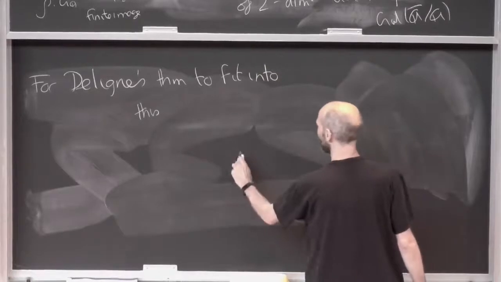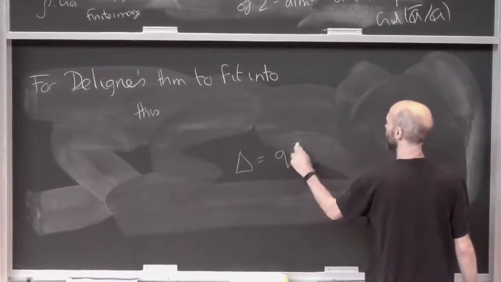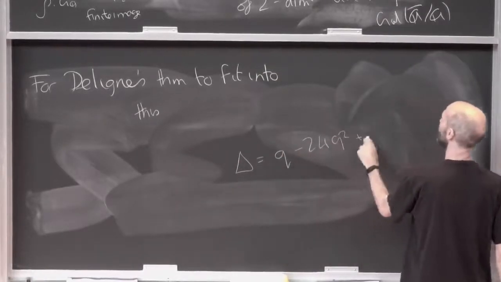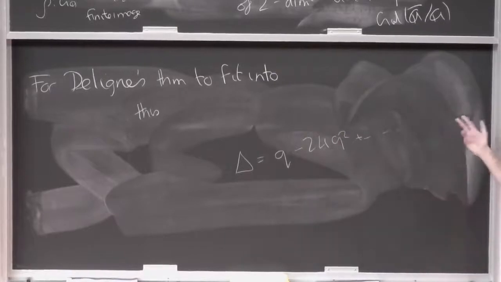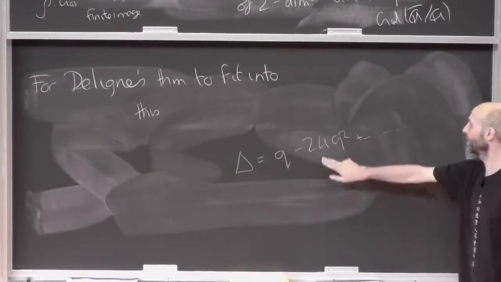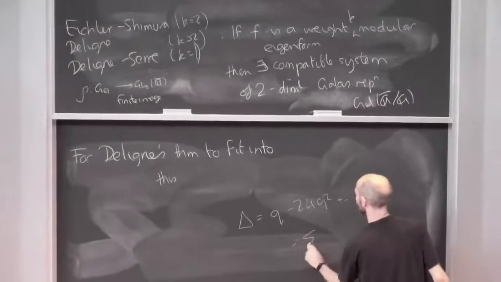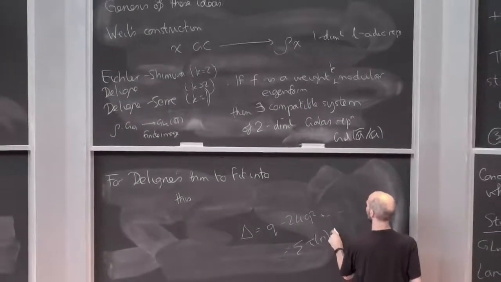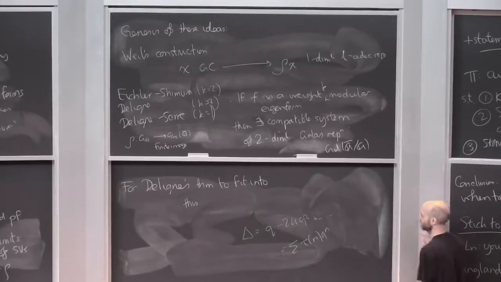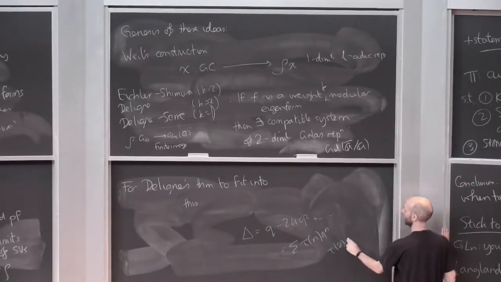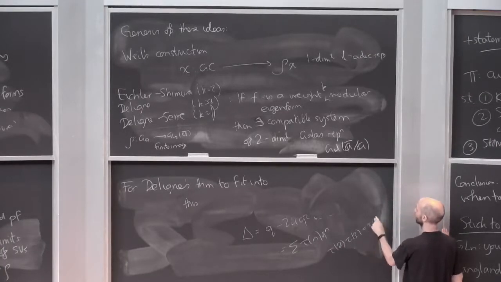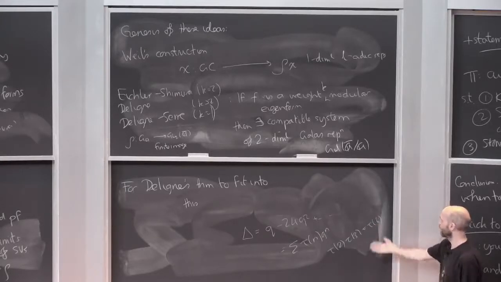That's where you see a genius, right? q minus 24q squared plus ... Ramanujan looked at that and was like, whoa, no way, tau of 2 times tau of 3 is tau of 6. Like, what the hell? That's like, no holomorphic function should have that property.